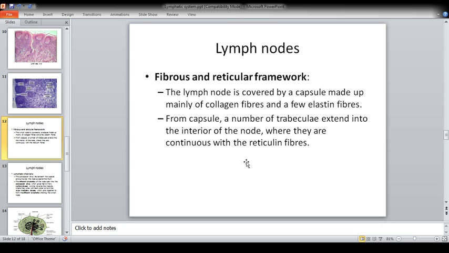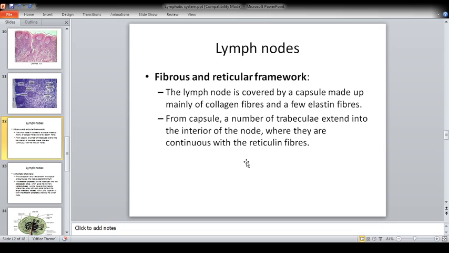The lymph node is covered by a capsule that is made up of collagen fibers mainly, and then there are few elastin fibers. Collagen is the main component that is present in all muscles, that is present in all bones.